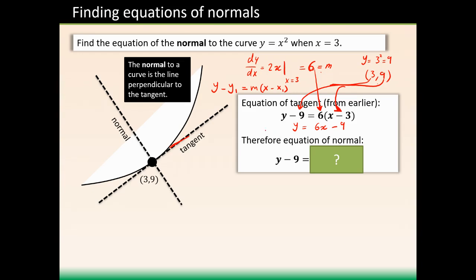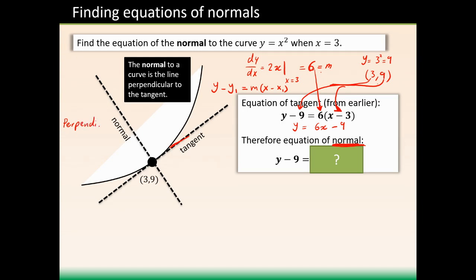Finally, now we are going to look at the normal. If you don't remember what normal is, you may not have heard of the word normal, because when we did gradients of perpendicular lines, we just used the word perpendicular.